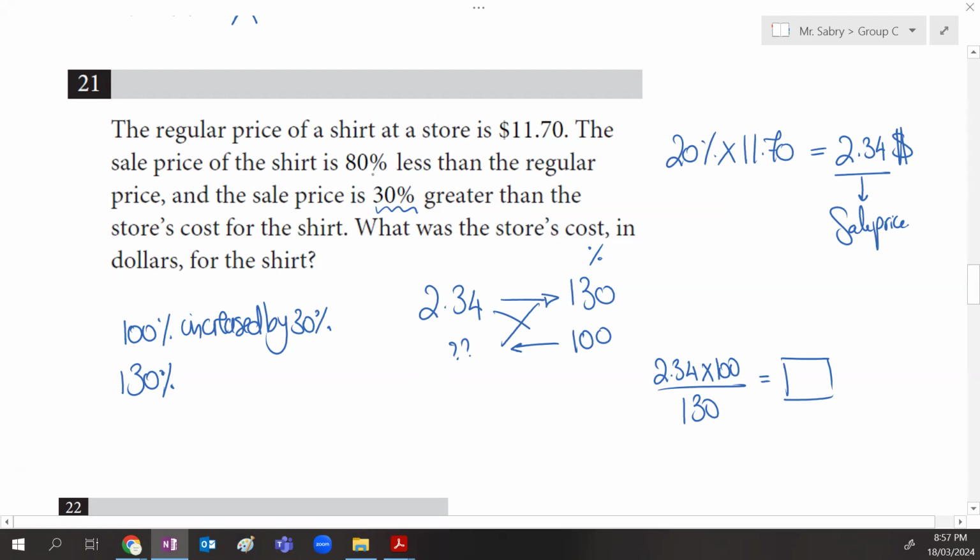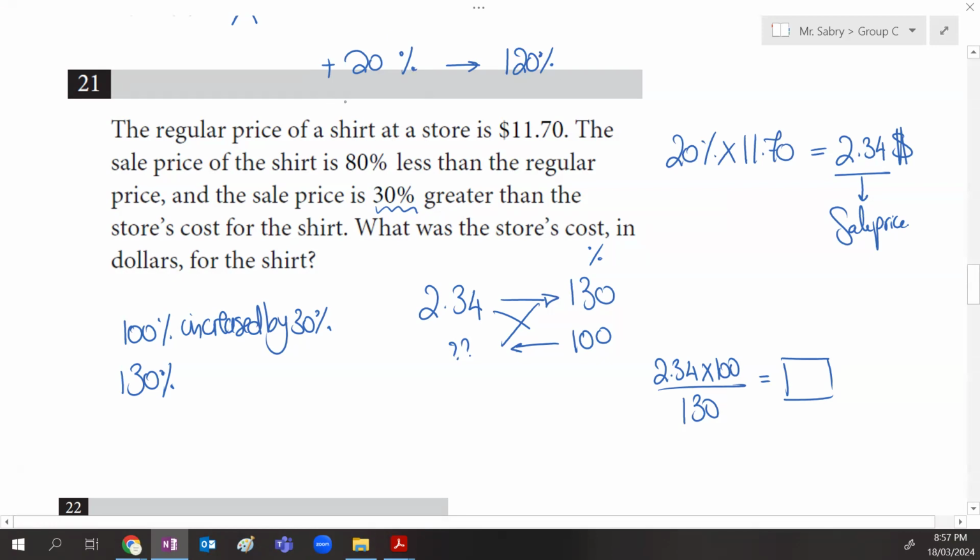Okay, this part is important because all percentages we deal with them the same way. If I'm adding a specific percentage to something, then the price right now is considered 100%. When I add a percentage, it will become 100 and something percent. For example, if I decided to add 20% more, then the new price is 120% of the old price.